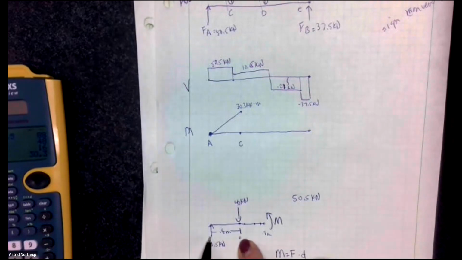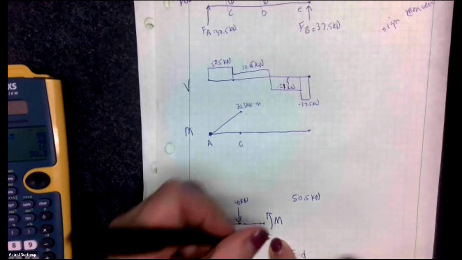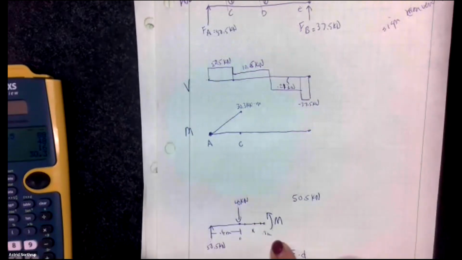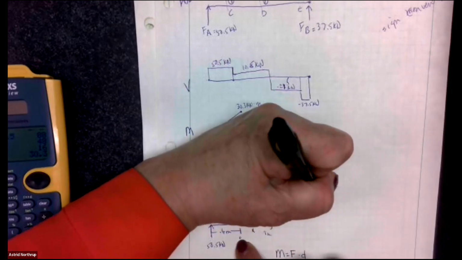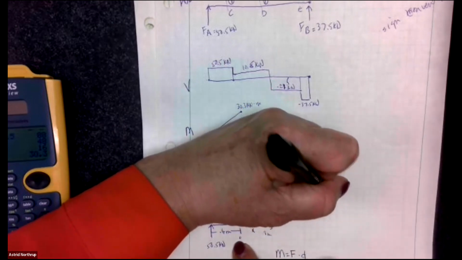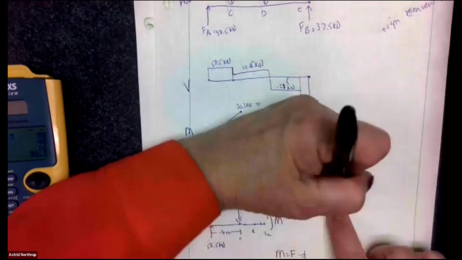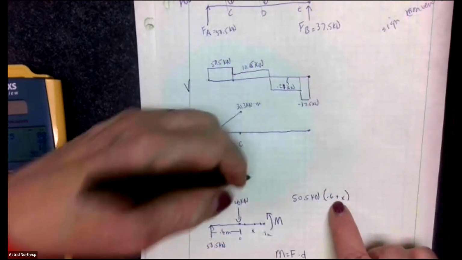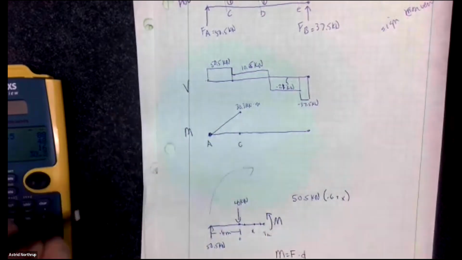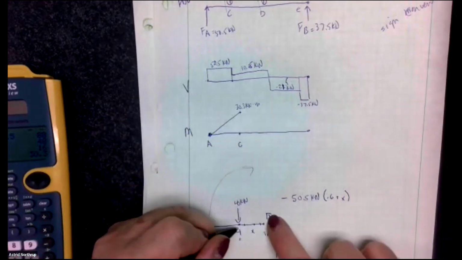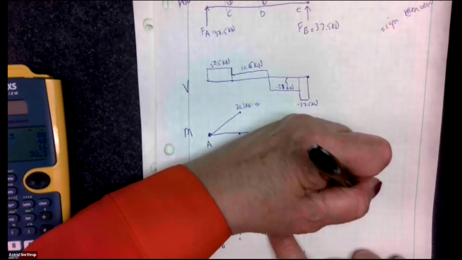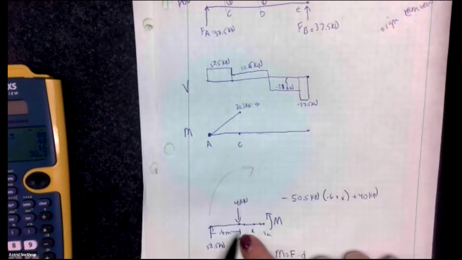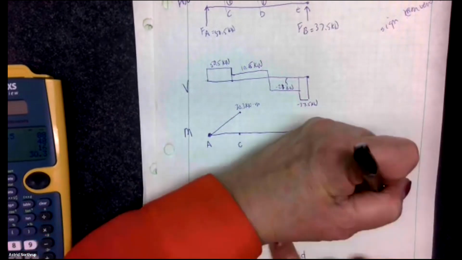I can say 0.6 plus some value of x, which goes from 0 to 0.9. So I could say times 0.6, it's going to give me my initial condition, plus some x. And that value is a negative. What about this one? It's going to be positive 40 kilonewtons. Now this 0.6 doesn't figure anymore. It's just the x.